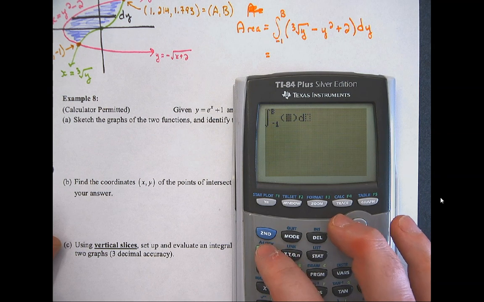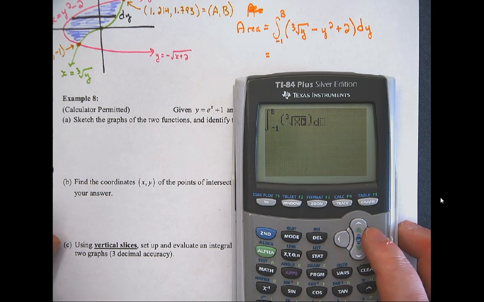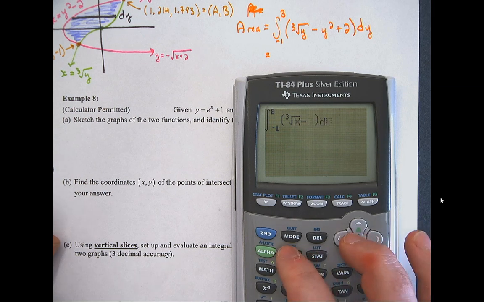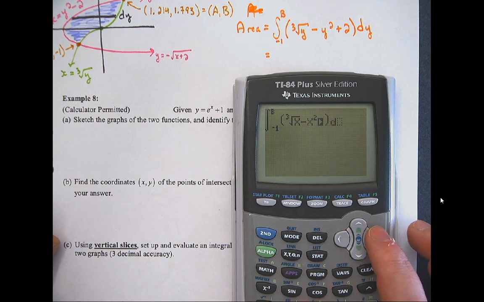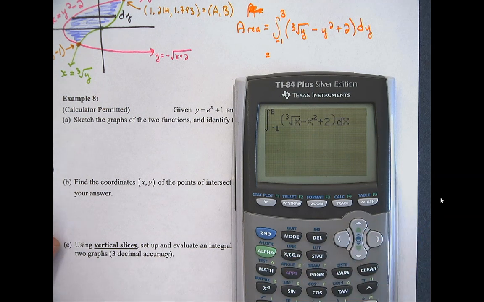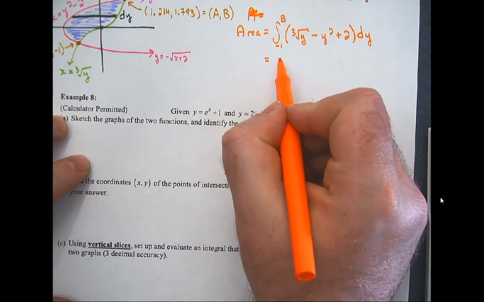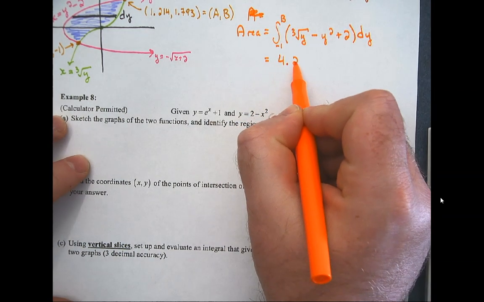So I'm going to go math, cube root of x minus x squared plus 2 dx. See if we get 4.215. 4.214. Sorry, 5 was how I used to round. 4.215.